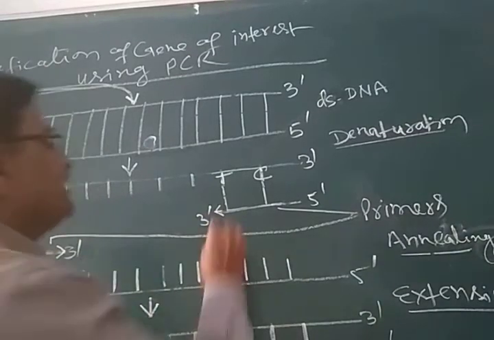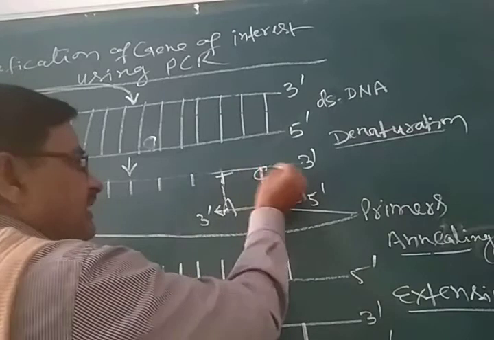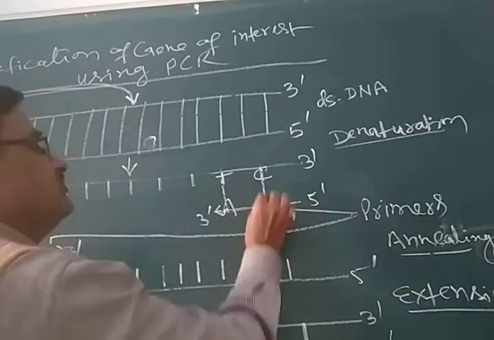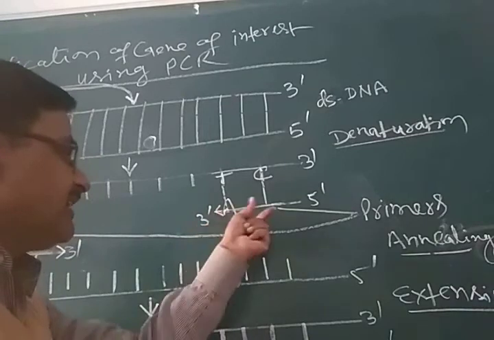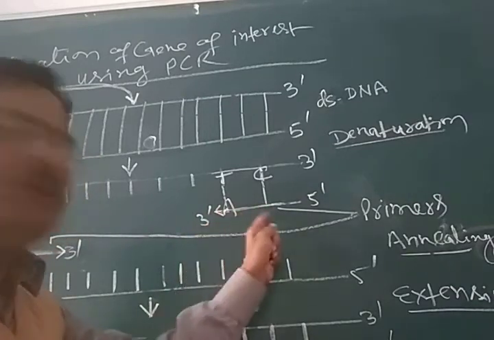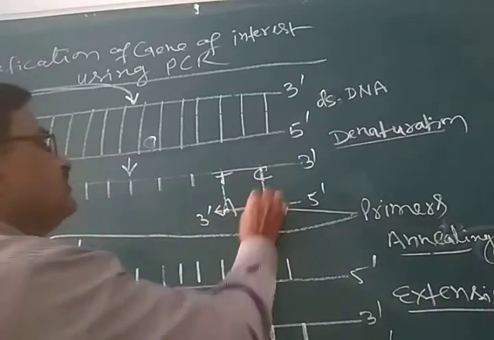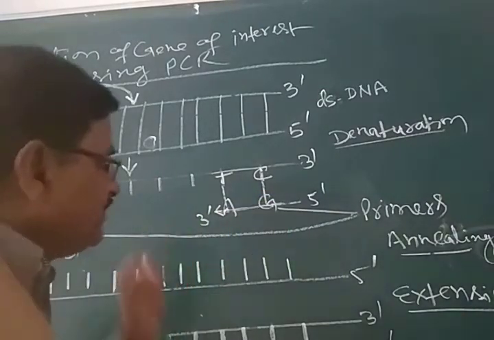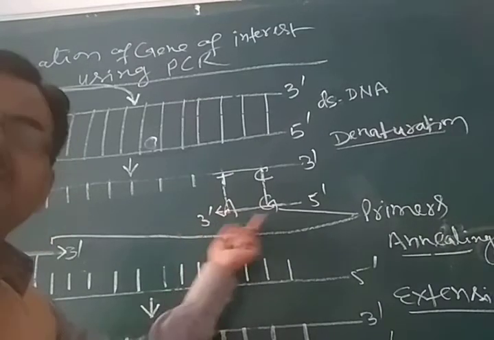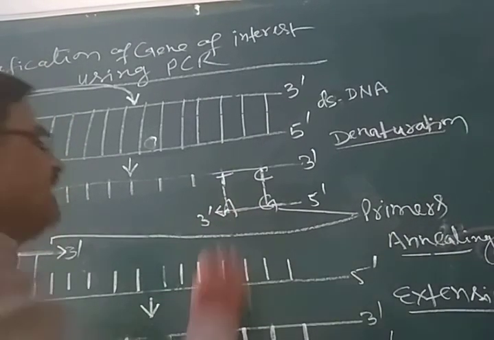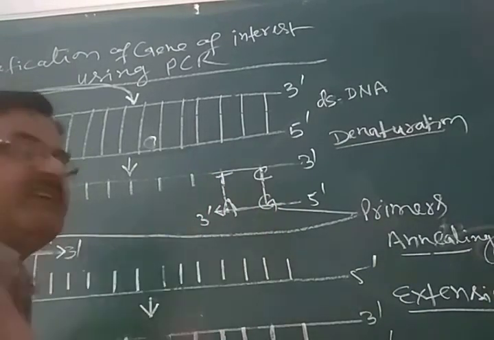So in the primer there will be adenine, which is the complementary base. Likewise, suppose in the template strand there is cytosine, then in the chemically synthesized single-stranded DNA or RNA segment there will be guanine. So the primer is a short segment of single-stranded DNA or RNA, and the base sequence of this primer is complementary to the template strand.